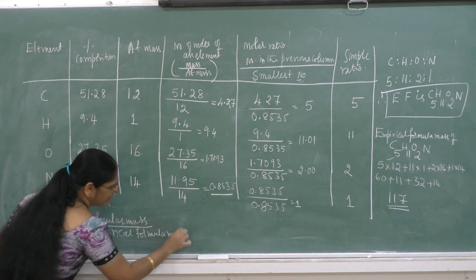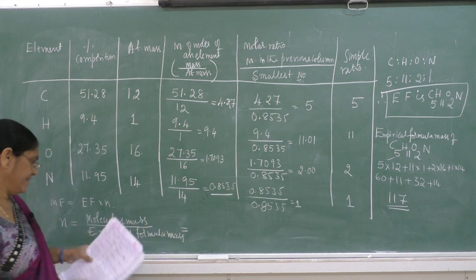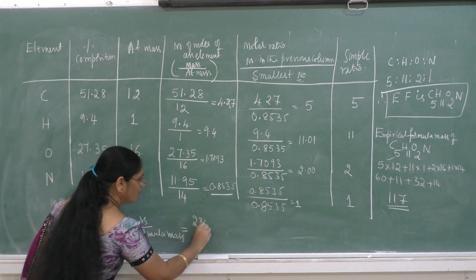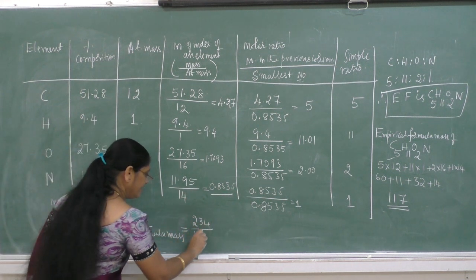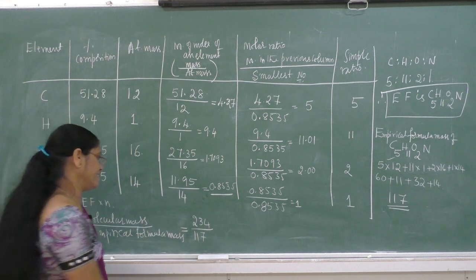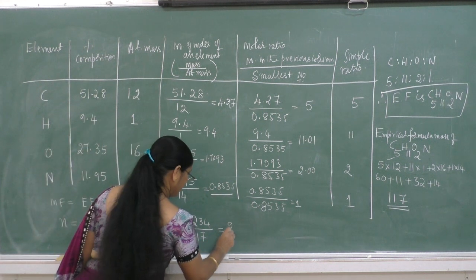The molecular mass is given, that is 234. The empirical formula mass we just calculated is 117. So this is equal to 2.